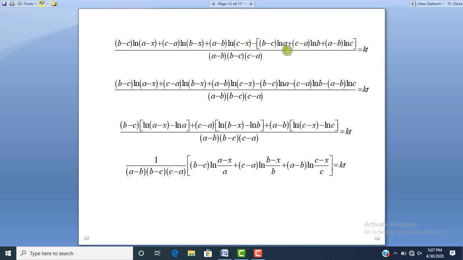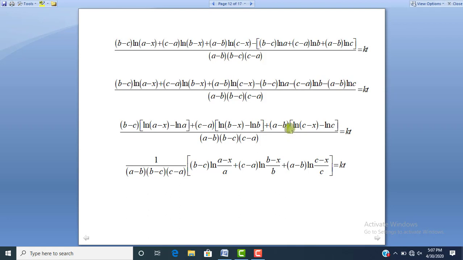Inside the bracket, this is positive, here it is negative. It is positive, it is negative. This is positive, this is negative. So the main difference in these two equations is just the sign changing, positive to negative and negative to positive. So by changing the sign, now we will be able to apply the laws of logarithm.